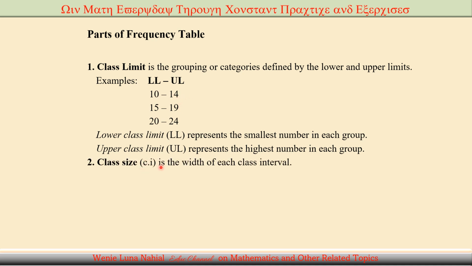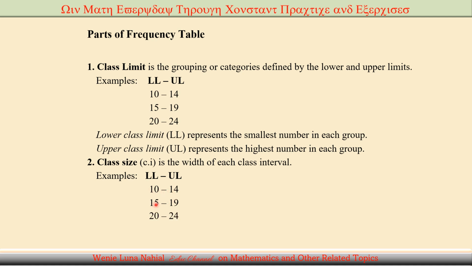Then, the class size is the width of each class interval. Do not be confused why I have written here CI instead of CS, because class size refers to the class interval. So here, the lower limit, the upper limit, 10 to 14, the class size can be counted from the lower limit to the upper limit.